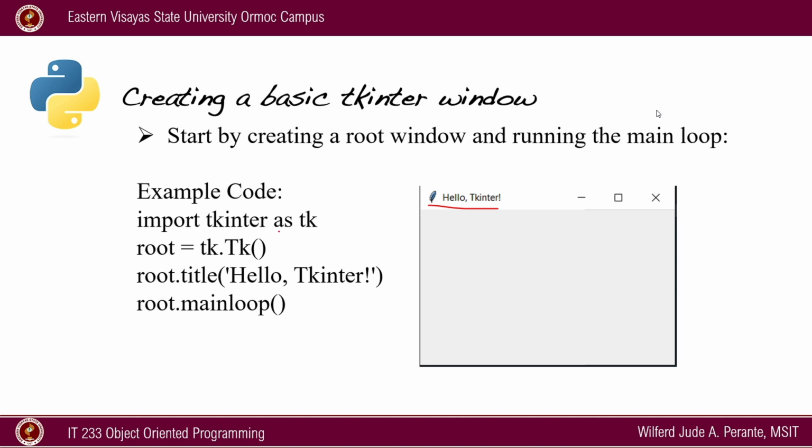So in my example again, we import the Tkinter library and we initialize our main window, and by using the root title, our main window title, we labeled it as Hello Tkinter. So with root main loop, we start our main loop and make it open until it is manually closed.